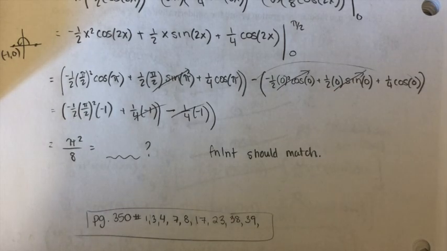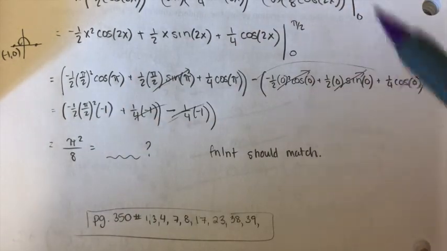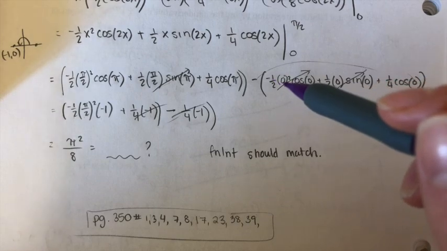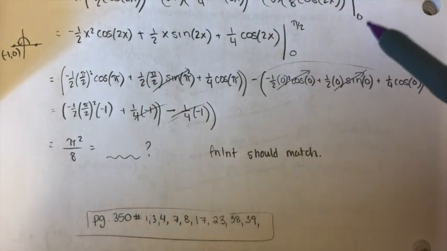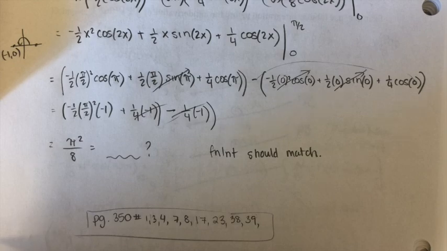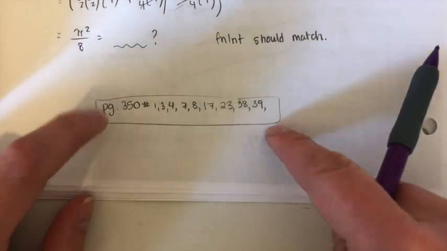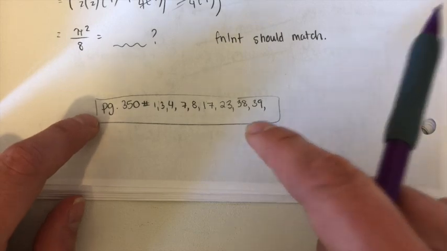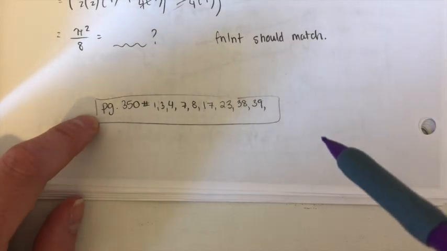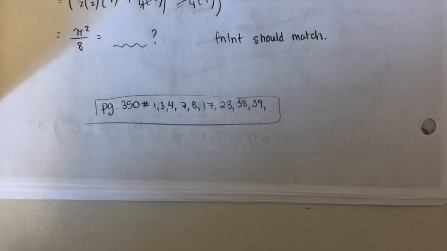So we can still do integrals with boundaries in integration by parts. So this is what I would like you to practice. Those are the types of questions you will see on the take-home test. And if you have any questions, we can discuss them tomorrow.